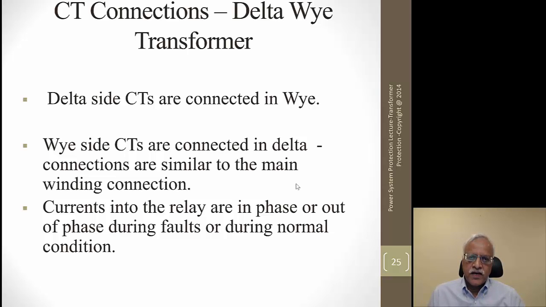And during normal operating conditions, current is entering the transformer on the high side and leaving the transformer on the low side. So they are 180 degrees out of phase. With the phase angle correction, the relay also sees them 180 degrees out of phase, even though the main currents may be shifted by plus or minus 30 degrees around 180 degrees.